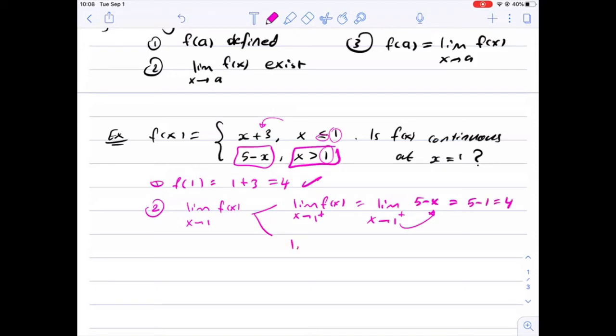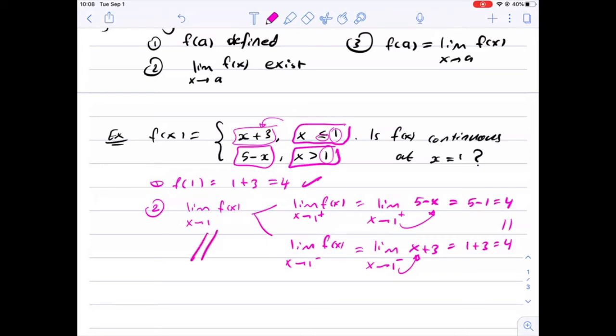Good. What about the limit of the function as x approaches 1 from the left? From the left, that means x is less than 1, so we plug into the first rule. So this is the limit as x goes to 1 from the left of x plus 3, and then we plug in 1. We get 1 plus 3, which is equal to 4. As you can see, the limit from the right is equal to the limit from the left. And that means the value of the limit as x goes to 1 is equal to 4.